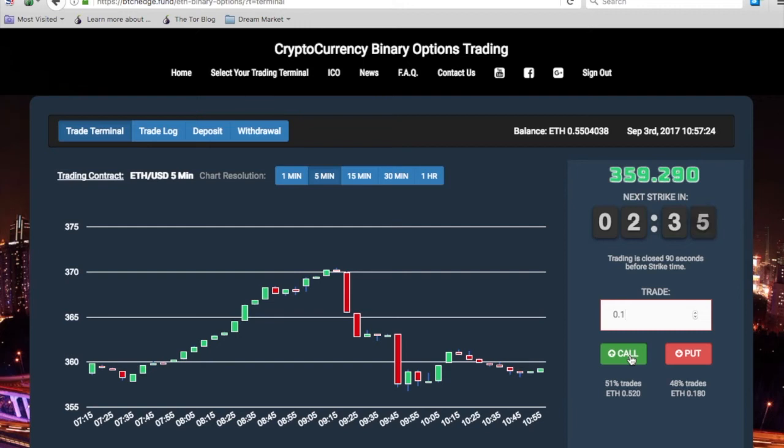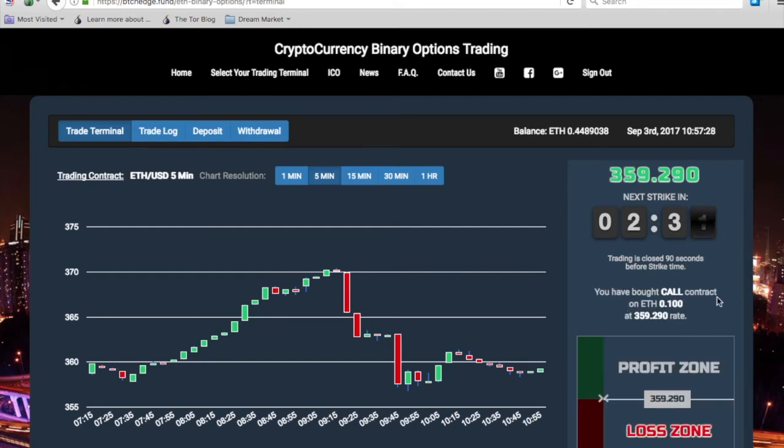So I'm pressing the call button, and yep, I bought a call contract for the amount of 0.1 Ether, and I fixed the price of 359.29 as my contract price.